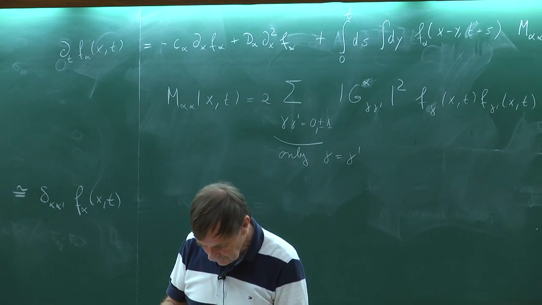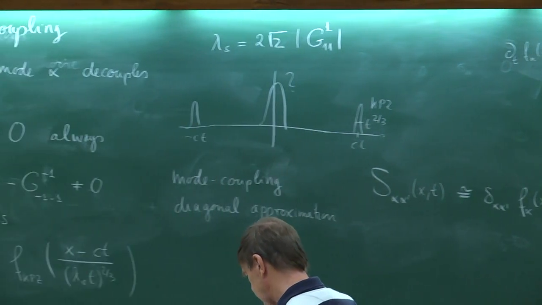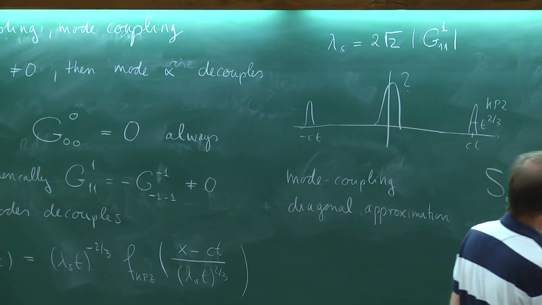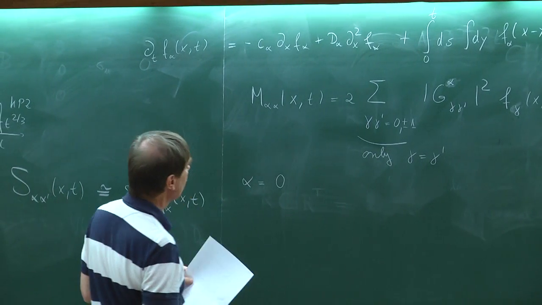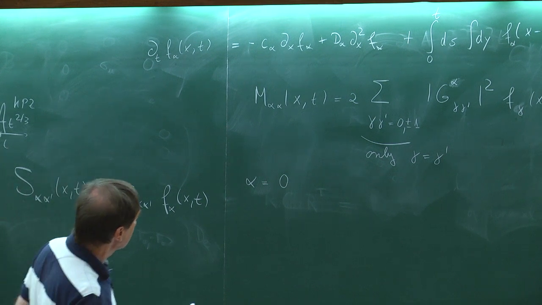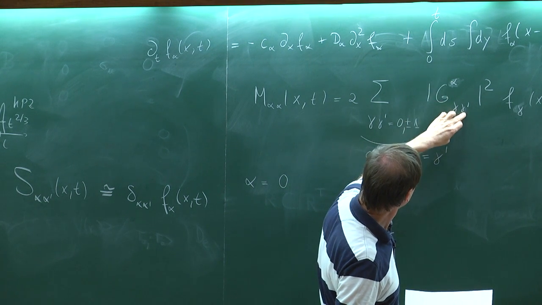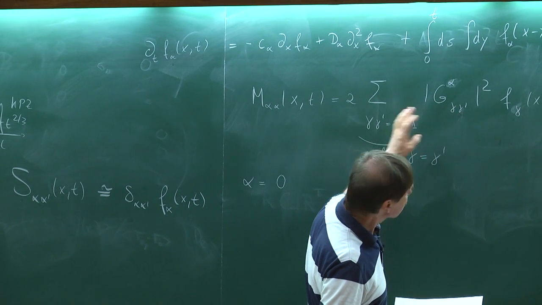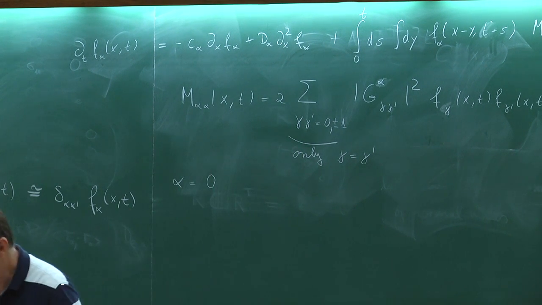Okay, so now let's do the heat peak. Fortunately, that's not very difficult. So now I want to do alpha equal to 0. Well, there's the term G alpha L, I mean G0,0,0. This is exactly equal to 0, right?